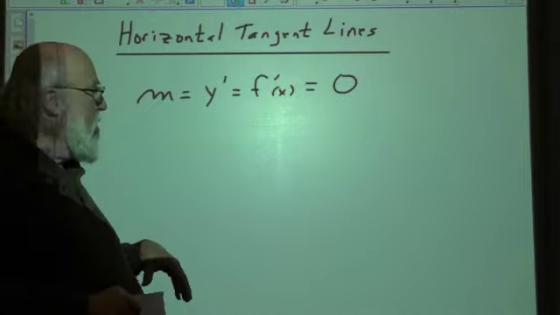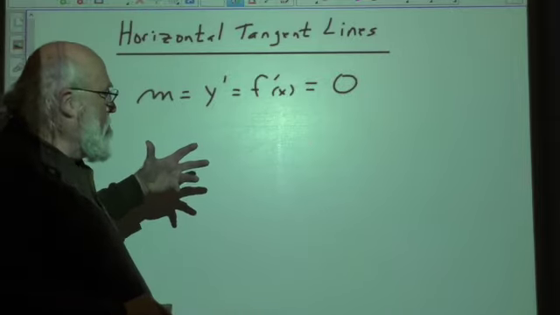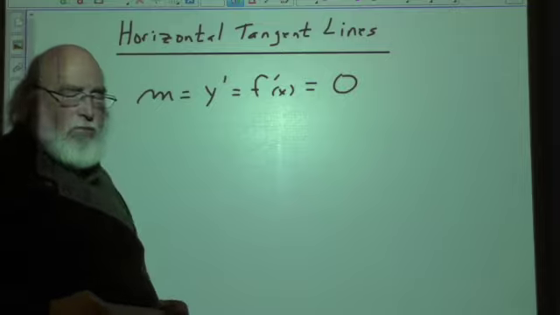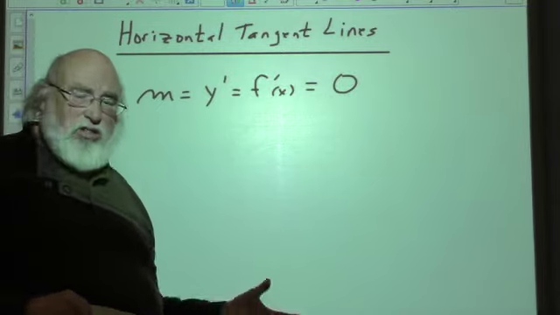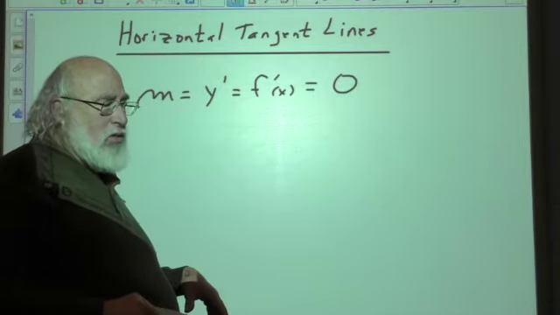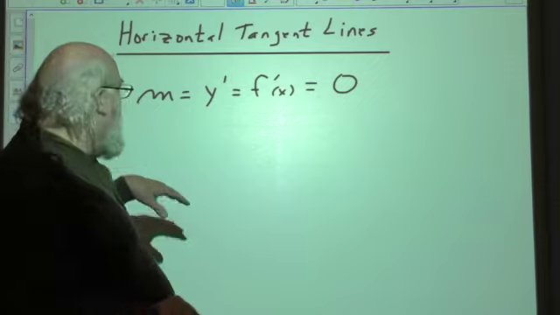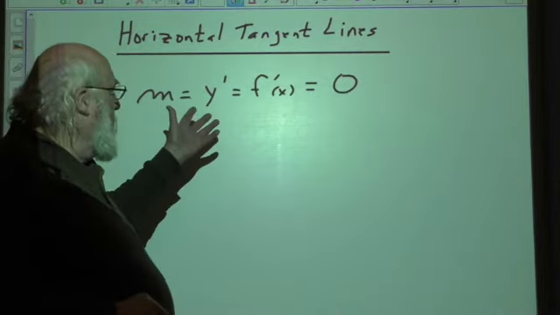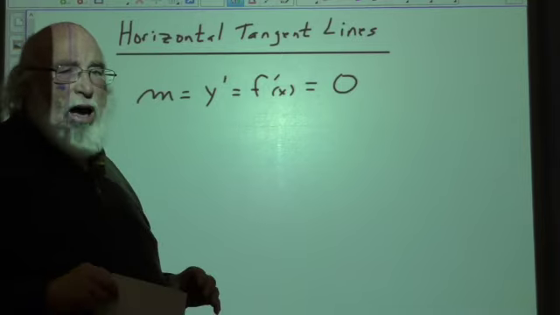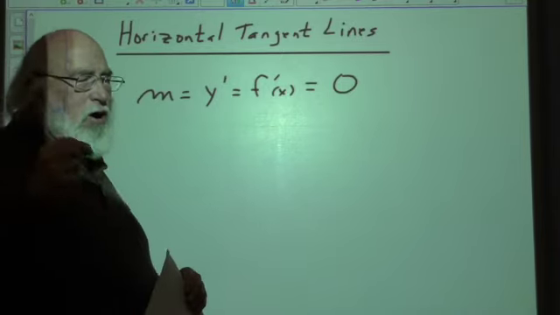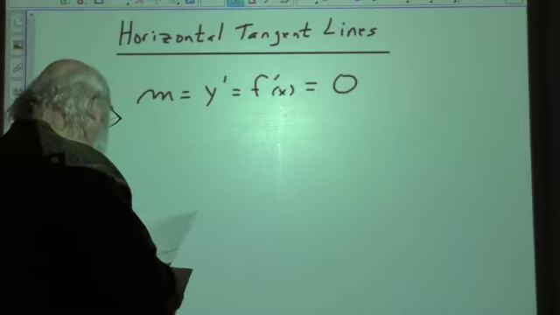And this is what we're going to set our derivatives to. Then we're going to solve for individual values of x that will satisfy that. And then we'll use the original equation y or f of x to determine what the actual points of location are on the graph where those horizontals are going to be.